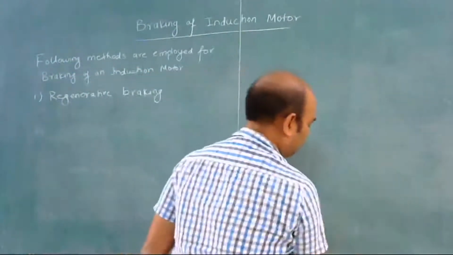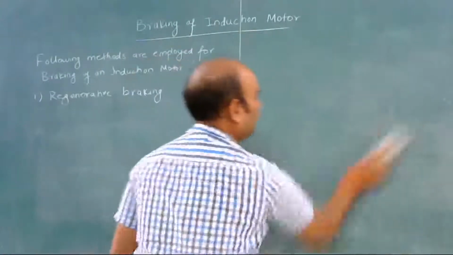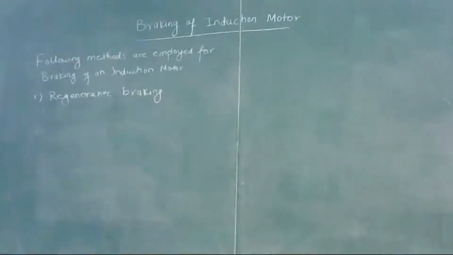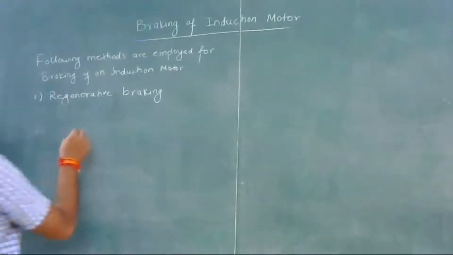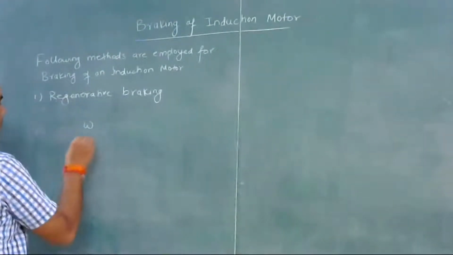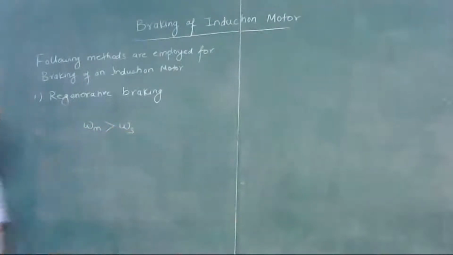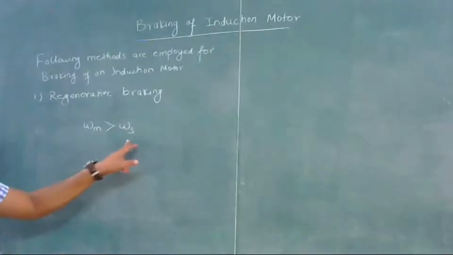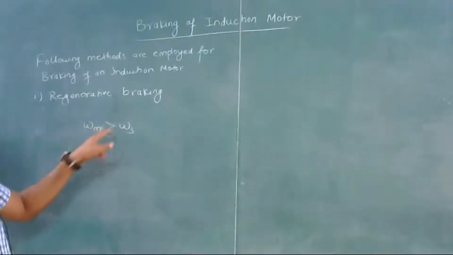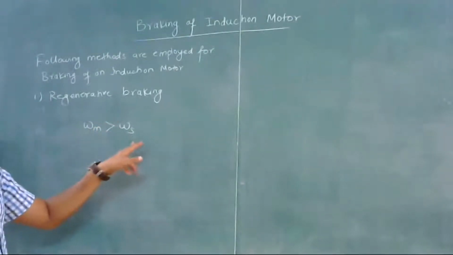Whenever the speed of the motor omega m becomes greater than the synchronous speed omega s, it will behave like a generator.